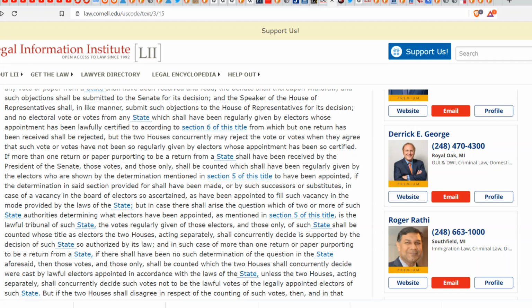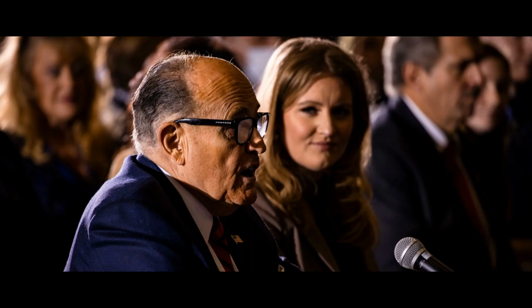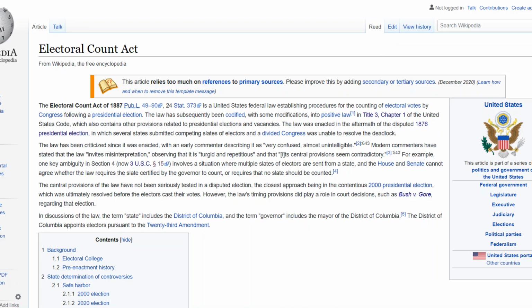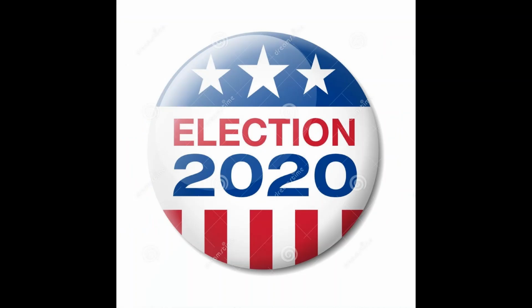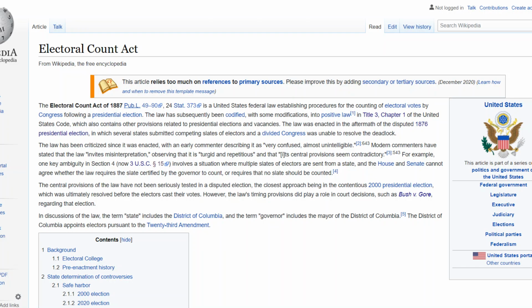Continuing now, 3 U.S. Code Section 5 gives the states an initial opportunity to finalize their own controversies regarding the appointment of electors. The provision applies if the state has provided, by laws enacted prior to the day fixed for the appointment of the electors, and that is through laws enacted before Election Day, for its final determination of any controversy or contest by judicial or other methods or procedures, and such determination has been made at least 6 days before the time fixed for the meeting of electors, December 14th.